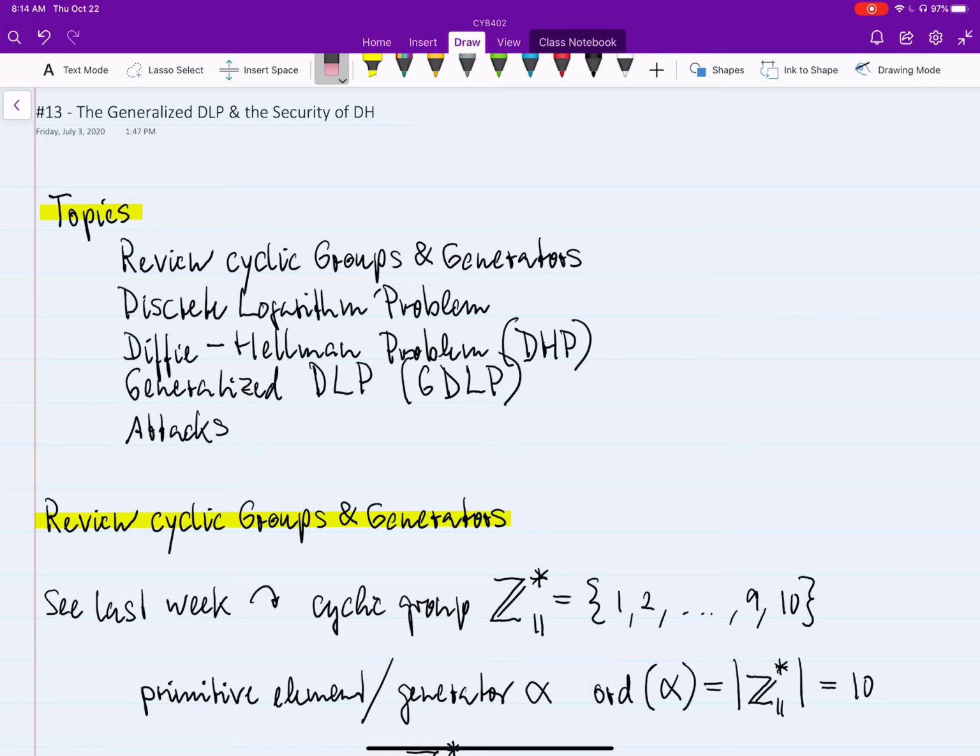So finally, a look at the security of this fundamental underlying problem, the generalized discrete logarithm problem. We look at the attacks, and remember we were expressing security in the past in terms of bit length of the key. And we are going to do this here for this group of crypto systems again.